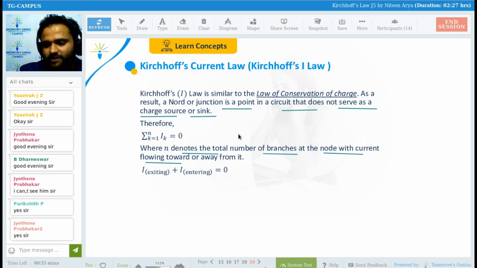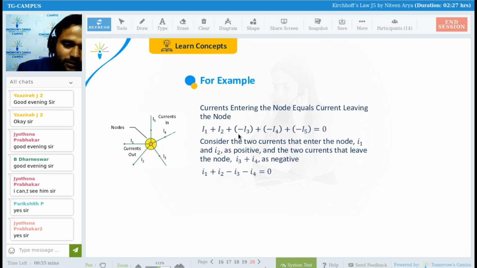As simple as that. In a simple way, you cannot create the charge, you cannot destroy the charge. This is your node. As you can see, I5 is going to be inward, I4 is going to be inward, I3 is going to be inward, whereas I2 is going to be outward and I1 is going to be outward. The current going outward is taken as positive.